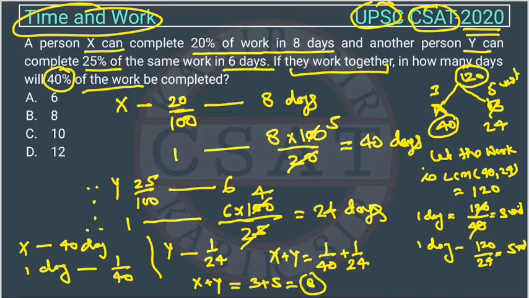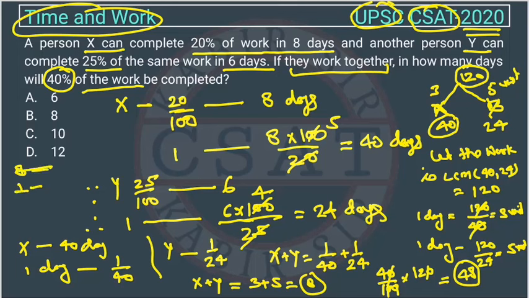So now the question is saying only 40% of the work. So we will take 40% of 120, because he is asking only about 40% of the work. So it will be how much? This 0 will cut this 0. So this will be 48, right? So if in one day 8 units are done, right?